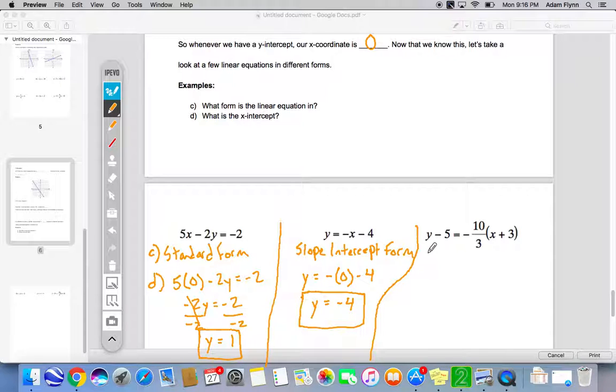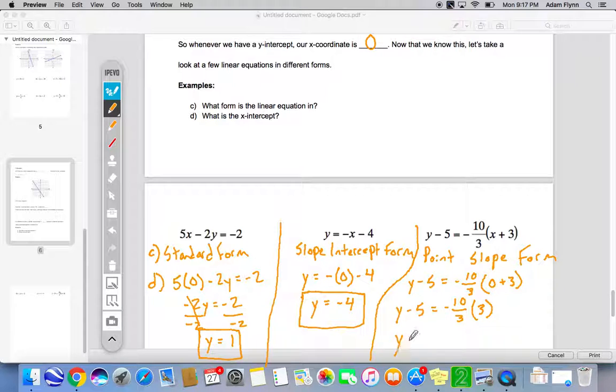So this last one, I'm going to do the same exact thing. First off, this is in point-slope form. Same process. Y minus 5 equals negative 10 divided by 3 times, instead of x I'm plugging in 0, plus 3. If I simplify this, I have y minus 5 equals negative 10 over 3 times 0 plus 3, which is just 3.